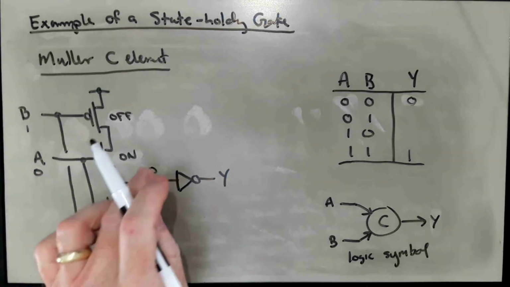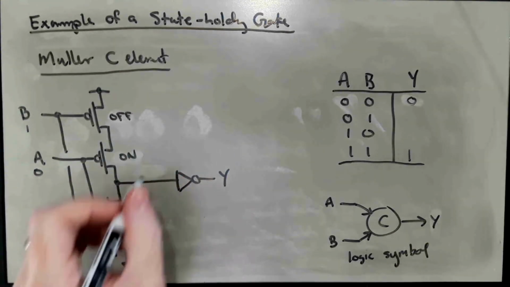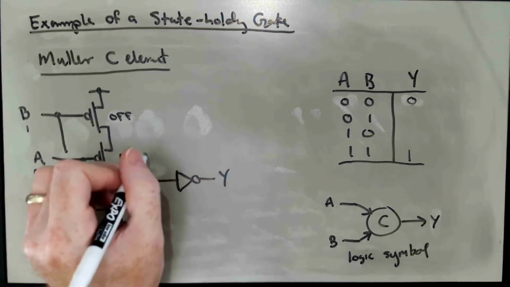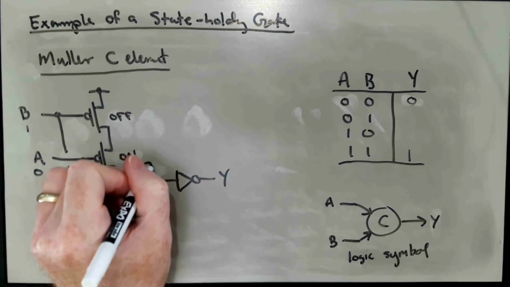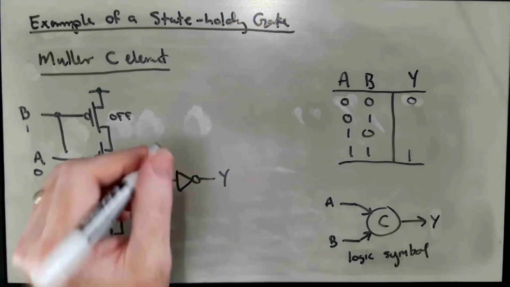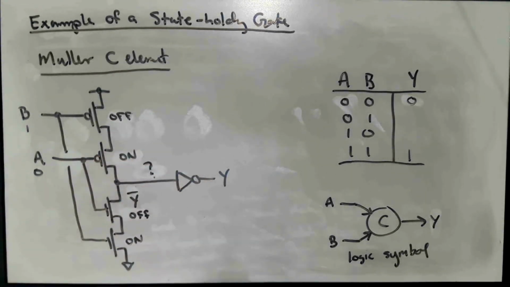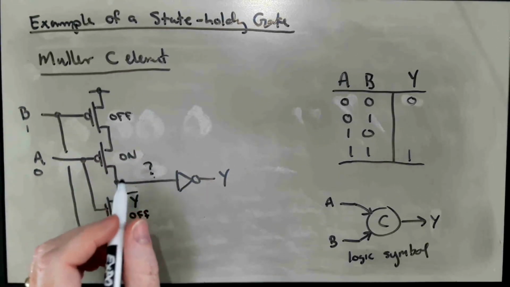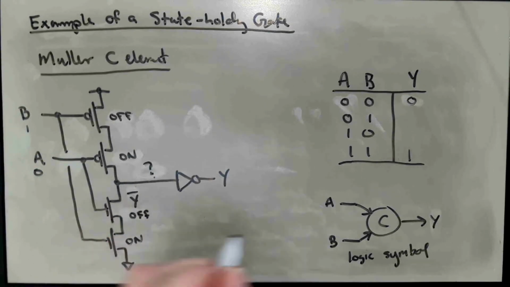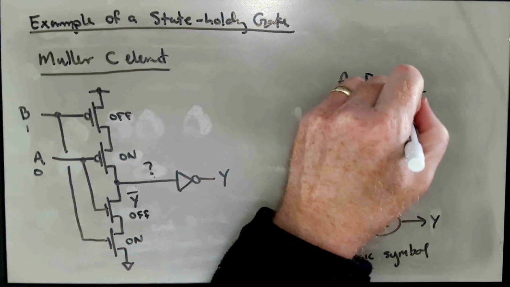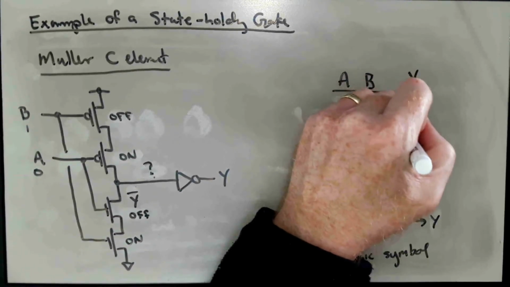And so this node is not driven at all. It's just floating. This is one of the two cases where the gate is state holding. It just maintains its previous state. So Y, whatever the previous state was, it maintains it.